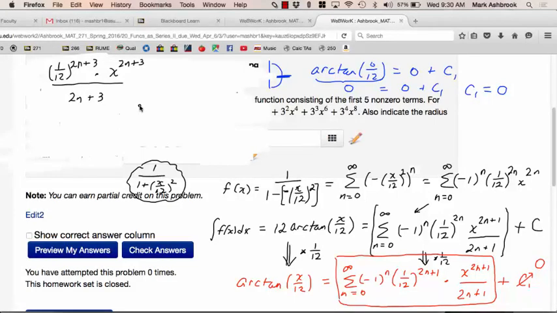When you plug n plus 1 into 2n plus 1, 2 times n plus 1 plus 1 is 2n plus 3. So I did that 3 times. And then times 1 over an, which is 2n plus 1 over 1/12 to the 2n plus 1, and x to the 2n plus 1.